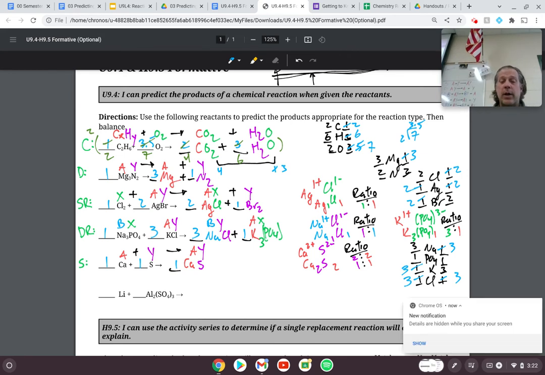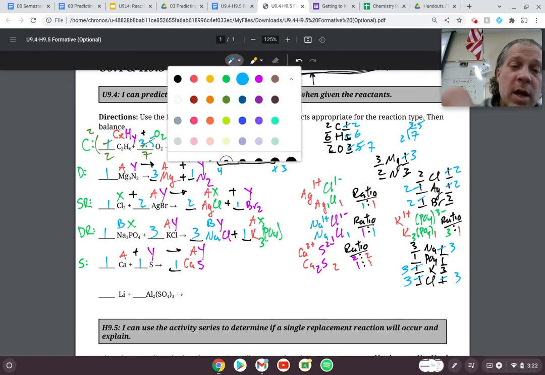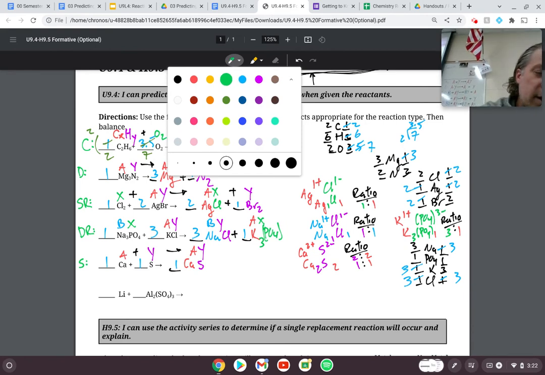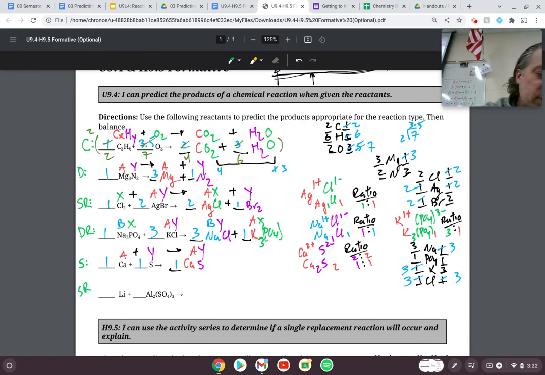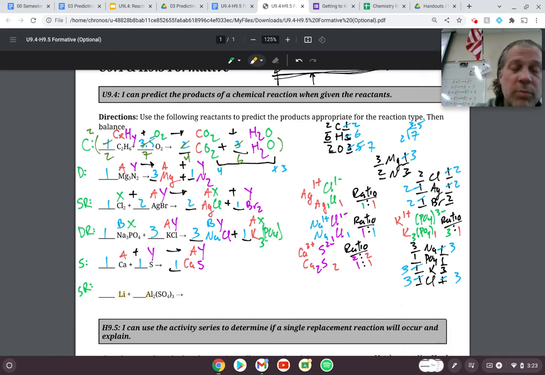All right, our last one. We have lithium as an element, and we have Al2(SO4)3 as a compound. So that's my hint giveaway here that this is a different type of single replacement reaction. Again, we're going to talk about what type of element is present. So in this case here, I have lithium, which is a metal, and so that's going to replace aluminum, which is also a metal.